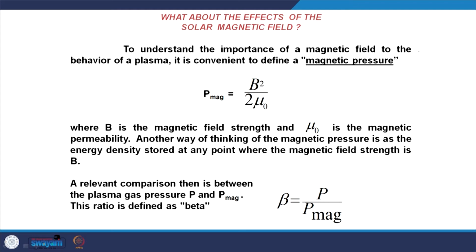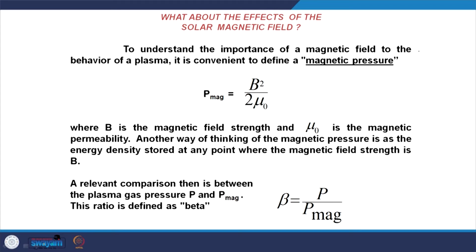Solar wind constitutes mainly electrons and ions, and there is also a magnetic field intermixed with this plasma, right. To define the strength of solar wind, we introduce a parameter called the magnetic pressure. To understand the importance of the magnetic field to the behavior of plasma, it is very convenient to define this parameter.